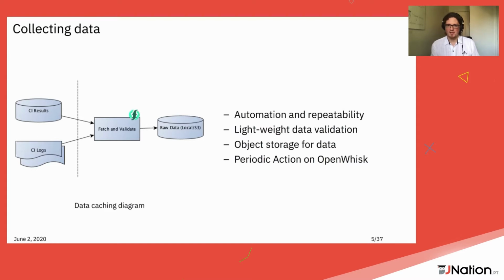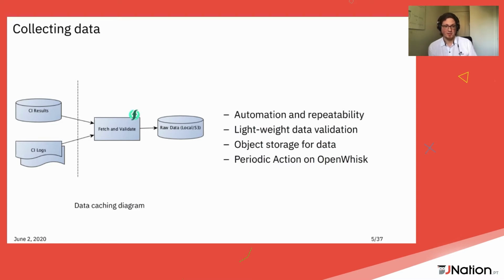The way we did it, we wrote a function, which is part of what we call the CML project. So CI, machine learning for CI, CI/ML, which we call CML. And what this function does, we containerize this function and we run it as a periodic action in OpenWhisk, which is a serverless platform.